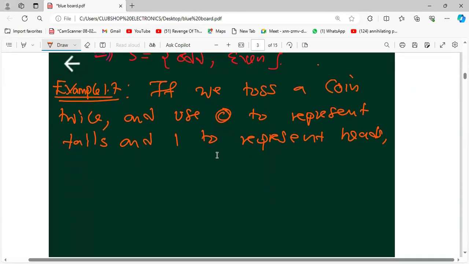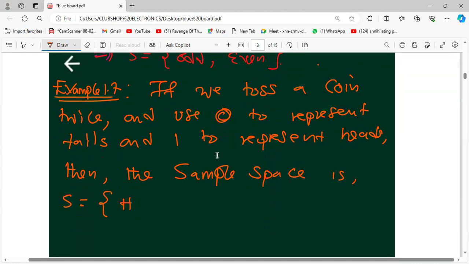Then the sample space, like we've already said, is S equal to HH, HT, TH, TT, right?